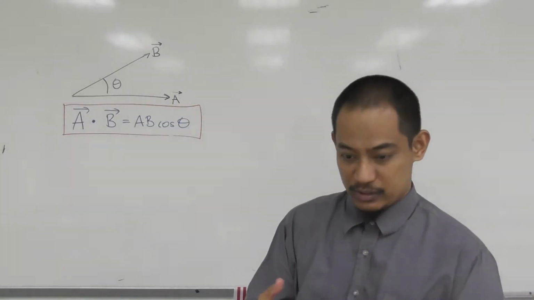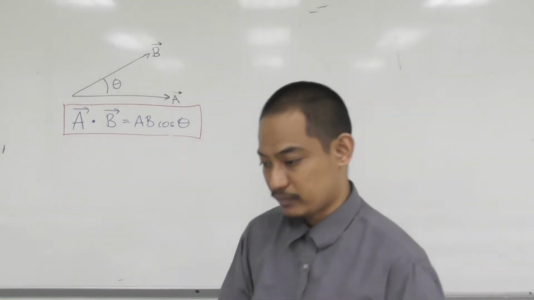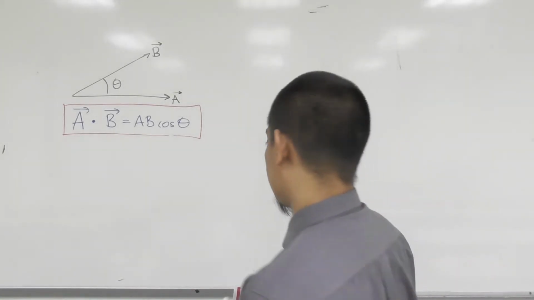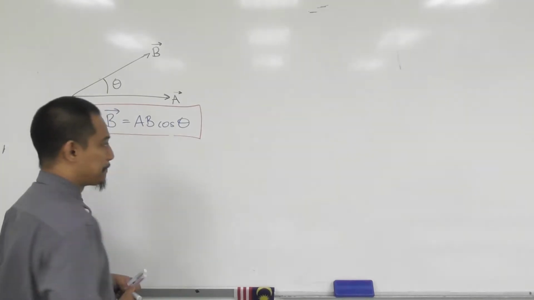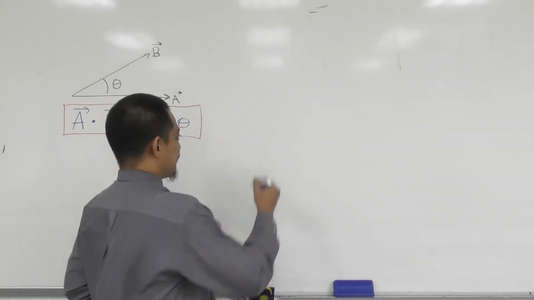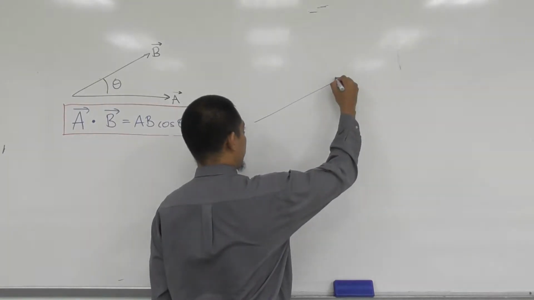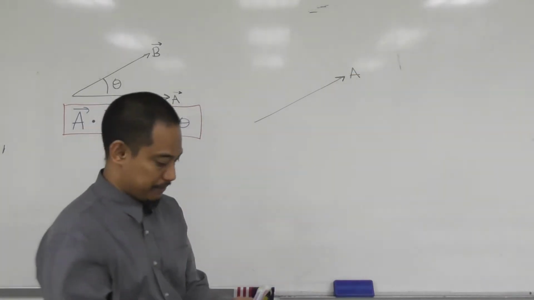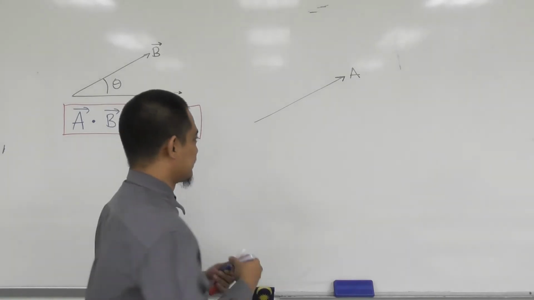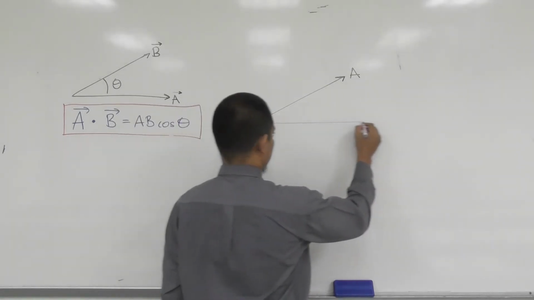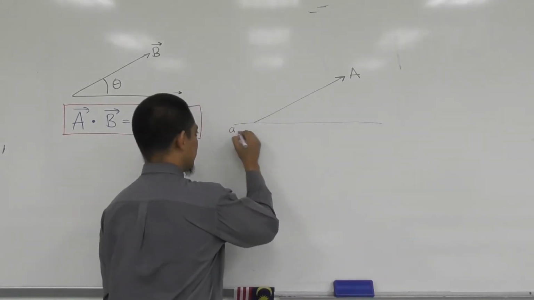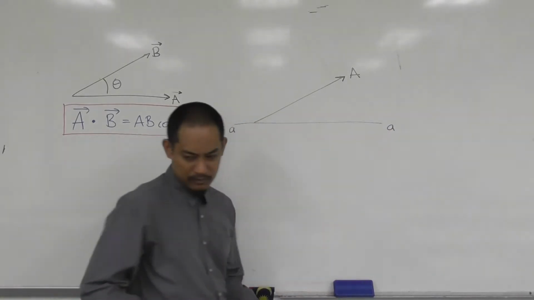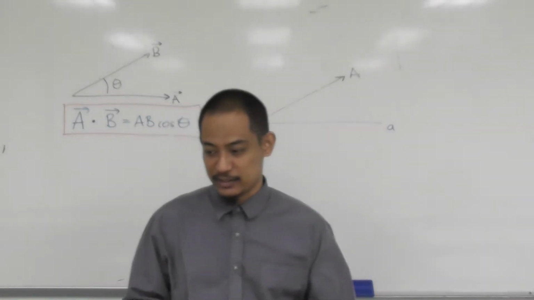Now, a projection of a vector is something like this. If you have a vector like this, A. So we use A. And then there's an axis like this, for example. To make it easy, let's name this axis a, because they use that one, axis a.